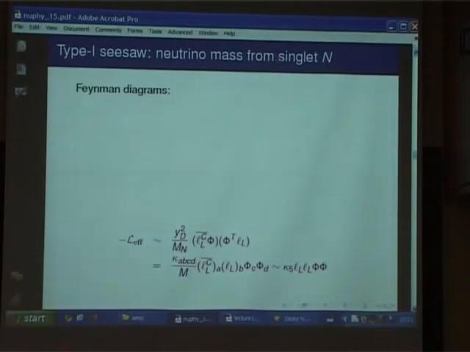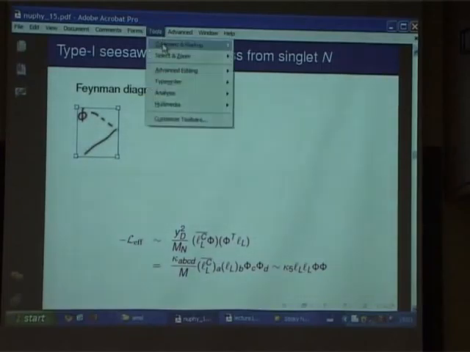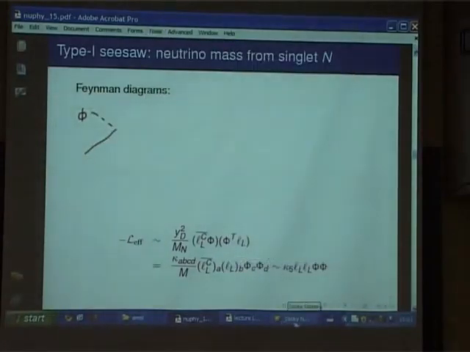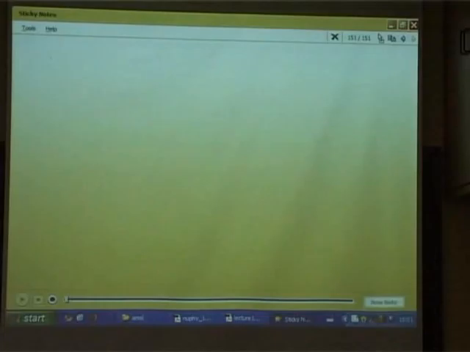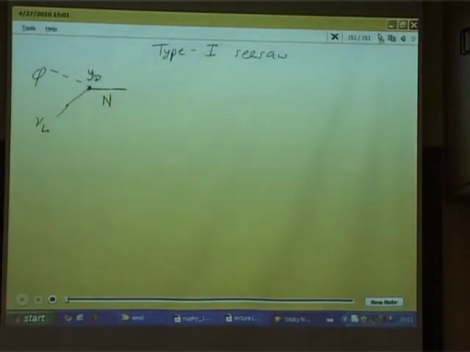There was nu L and there was nu R. Okay, nu R I will just call N. This means that I had this vertex which was phi, nu L, and this N, or what we call nu R, with some coupling given by YD here.